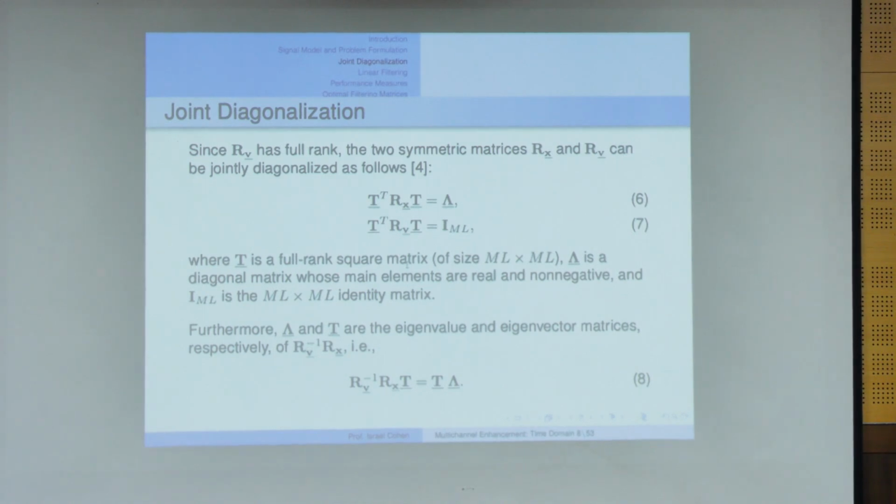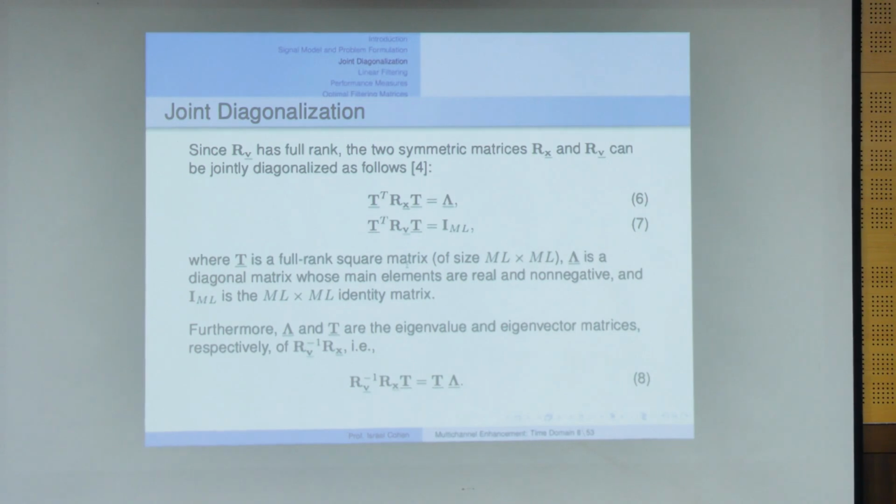So if we have two symmetric matrices, one of them full rank, then we can find a matrix T such that it diagonalizes Rv, which is the full rank, and we get the identity matrix here, and it also diagonalizes the other symmetric matrix, and we get a diagonal matrix here, but some of the values will be 0. So we can order them in decreasing order.